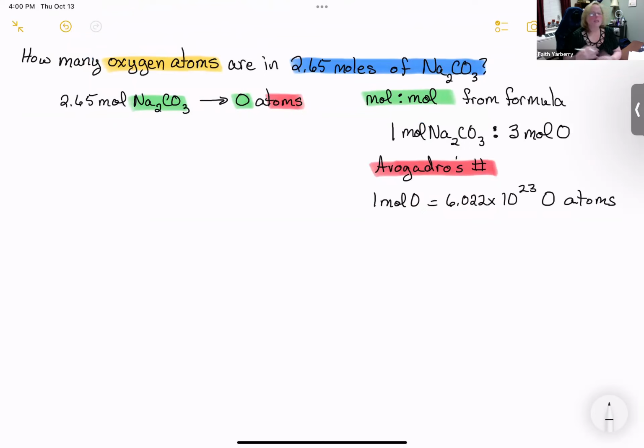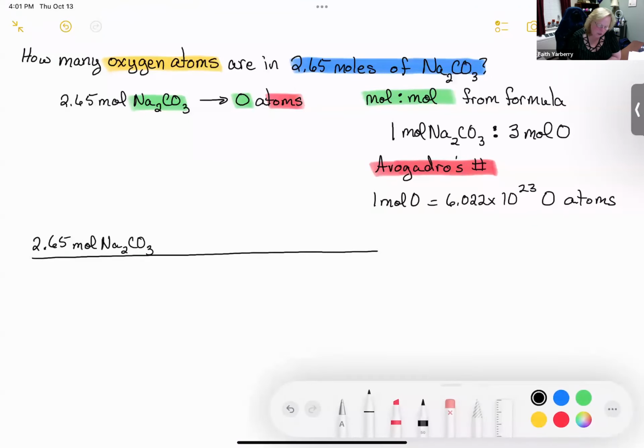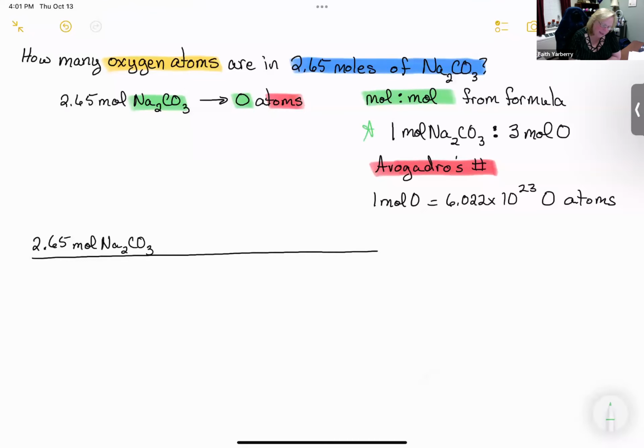Back at the beginning of the semester, when I was doing conversions, I said you're always going to start with a piece of information you've been given. So we're going to start with the 2.65 moles of Na2CO3. Our very first conversion factor is going to have moles of Na2CO3, and the conversion factor that has moles of Na2CO3 is our mole to mole ratio.